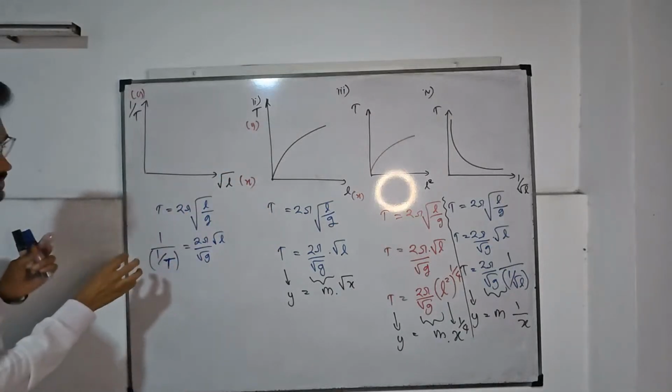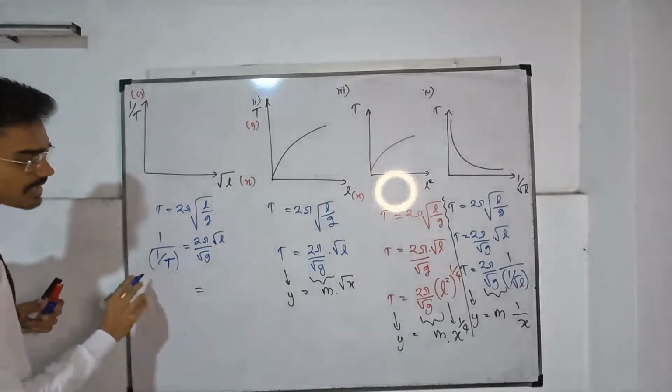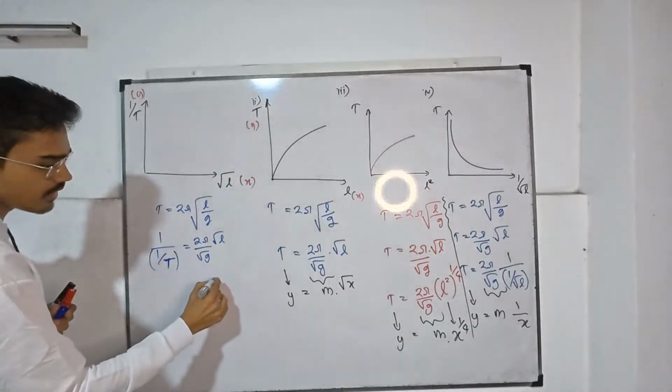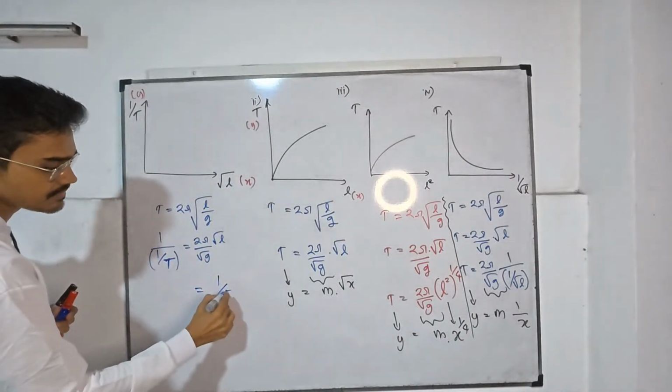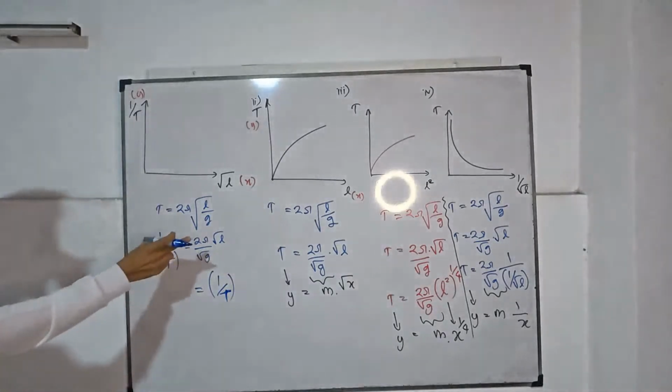So therefore, I'm going to cross multiply this and subject 1 over t. If we cross multiply, 1 over t will be the subject.